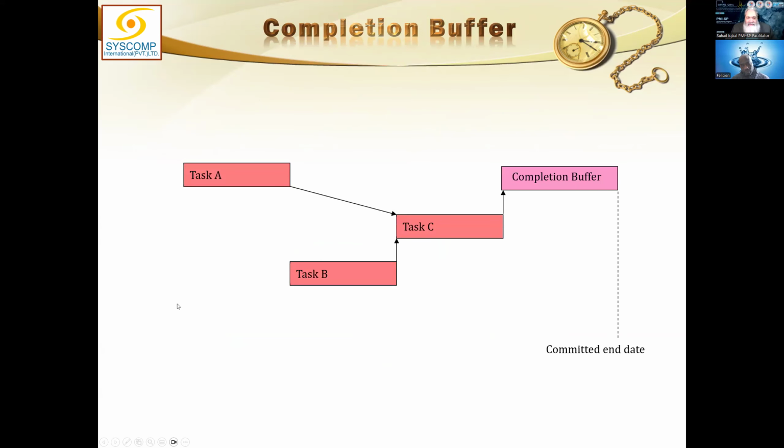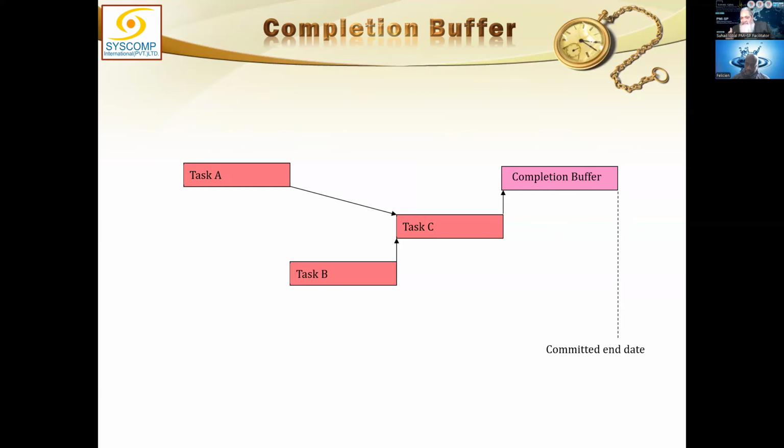So these activities could have been done in 30 days, and this is a completion buffer. This is a commitment date, the end date is this one. So if I have 30 days, the buffer is 0.